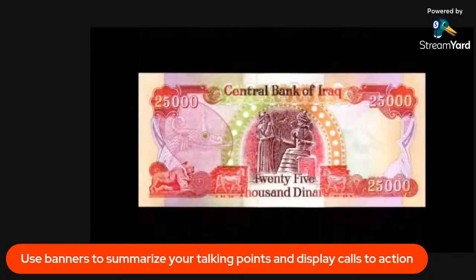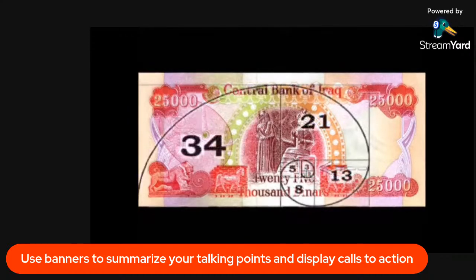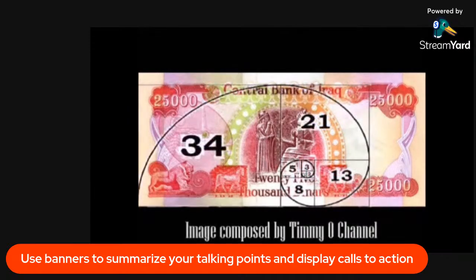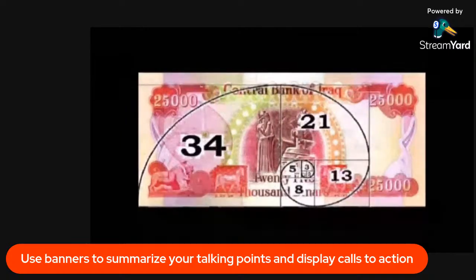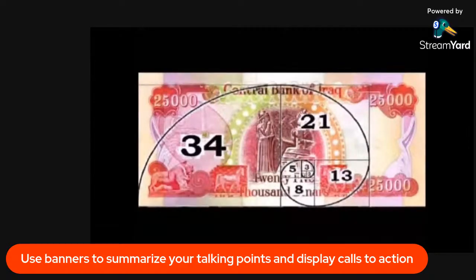And thanks to a friend of mine, Timmy, who has been doing research and is releasing a video shortly, he pointed out what is found on the 25,000 note of the dinar. In the dinar, we see the gateway where the deity is sitting. Through that, we find the perfect Fibonacci spiral pattern, the entrance to the gateway.